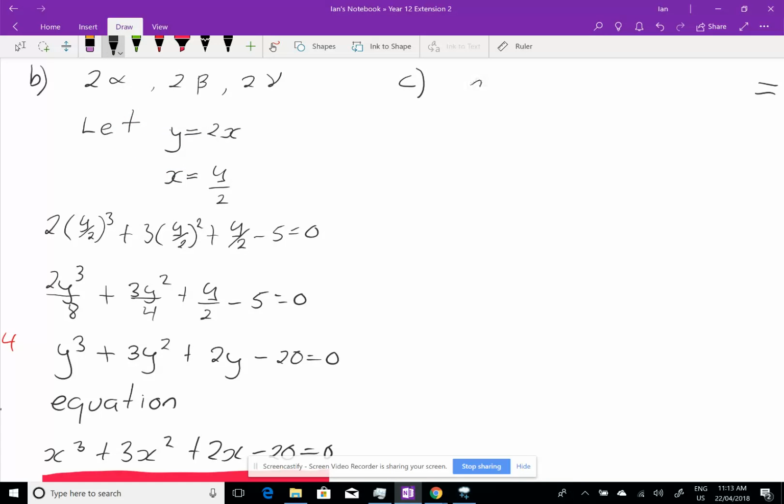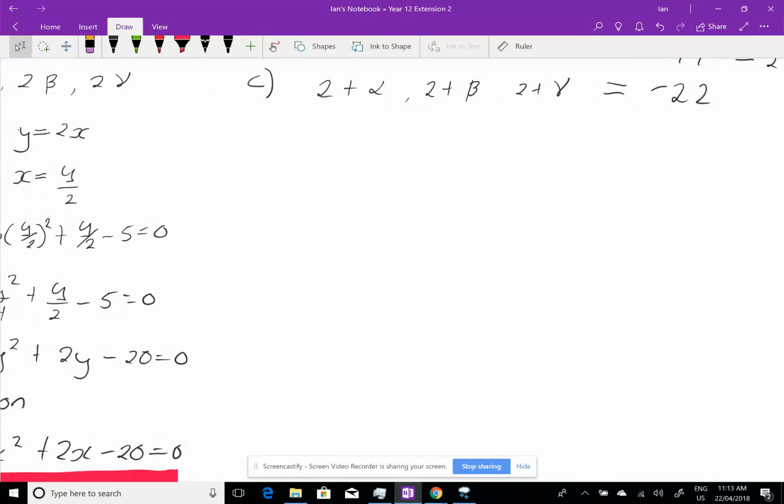We want the roots to be 2 plus alpha, 2 plus beta, and 2 plus gamma. So y equals 2 plus x. Now you should be going, all right, well, that's easy now. I know what's going to happen here. x equals y minus 2.